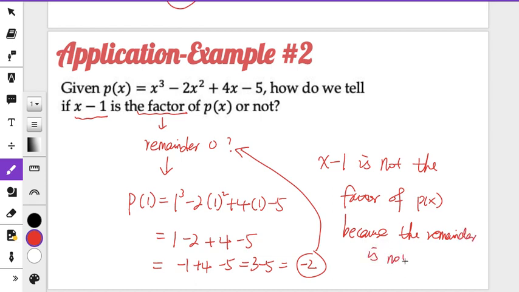See? Very straightforward. Okay? So these two examples just help us to have a better understanding of how to apply these two theorems in different scenarios. And now you can see why these two theorems are very useful, because we can really use them to help us solve for possible polynomial solutions.